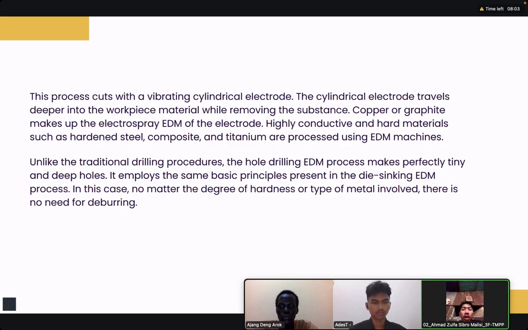Unlike traditional drilling procedures, the hole drilling EDM process makes perfectly tiny and deep holes. It employs the same basic principles present in the die sinking EDM process. In this case, no matter the degree of hardness of the metal involved, there is no need for deburring.